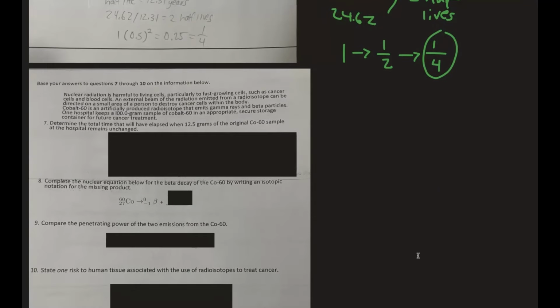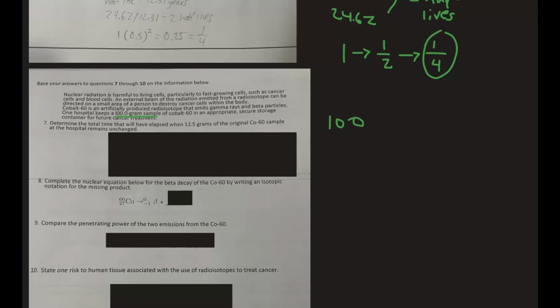All right, moving on. Number 7. Determine the total amount of time that has elapsed when 12.5 grams of the original cobalt-60 sample at the hospital remains unchanged. So what is the original sample here? So it says the hospital keeps a 100-gram sample of cobalt-60. Okay, cool. So we start off with 100, right?